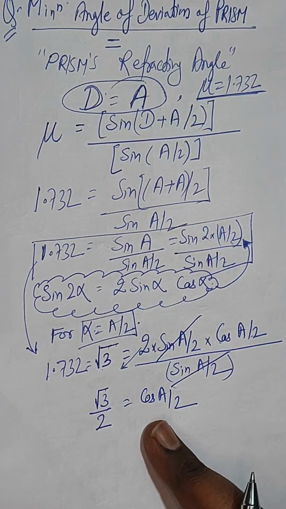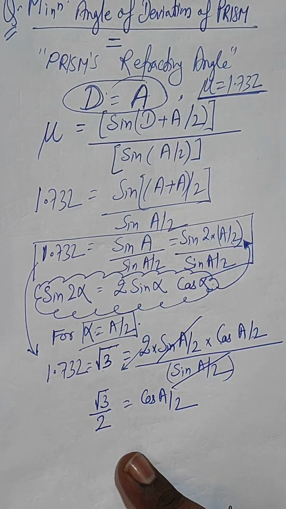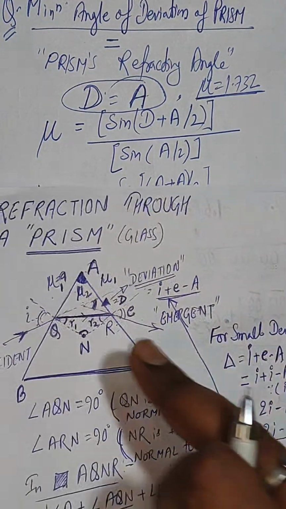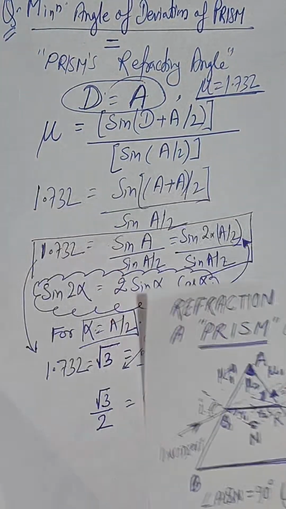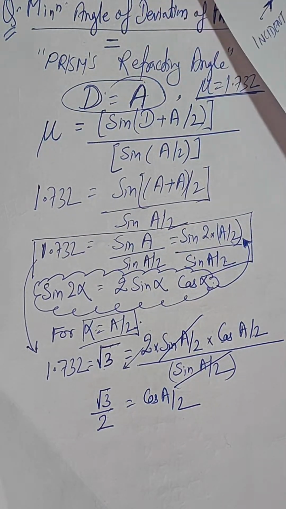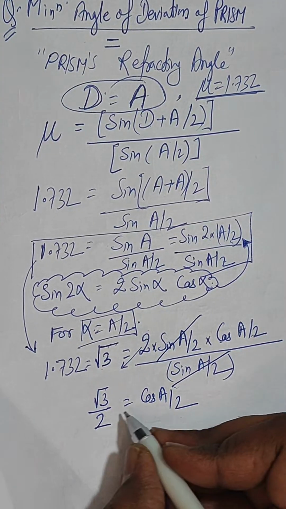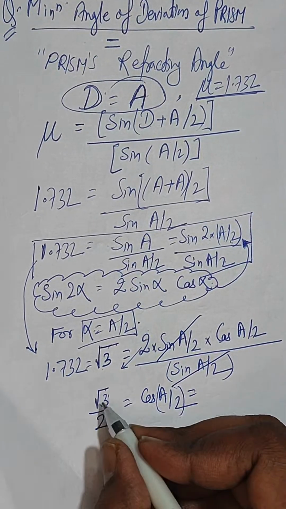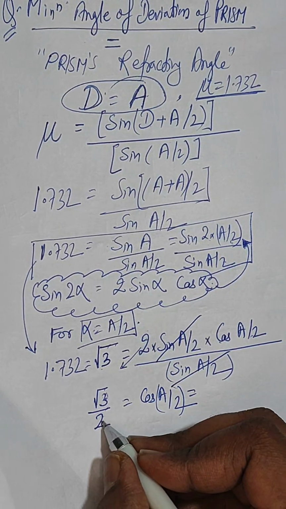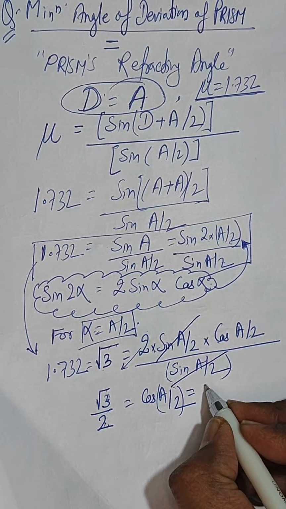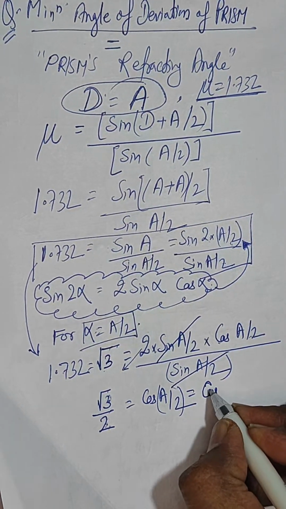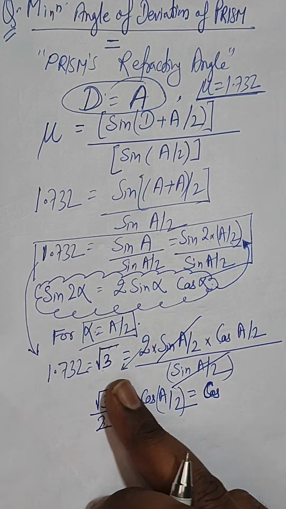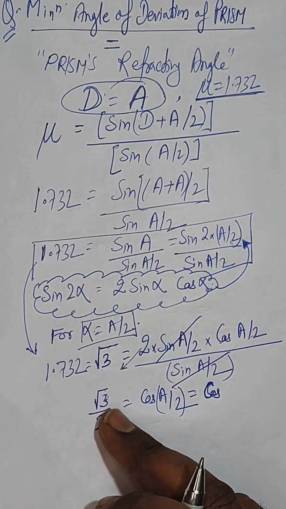In the question it has been asked what is the angle of the prism. This angle was asked, right? So to calculate this angle, you can see root 3 by 2 is the value for which cos? Which cos is root 3 by 2? Root 3 by 2 is the value for what angle?